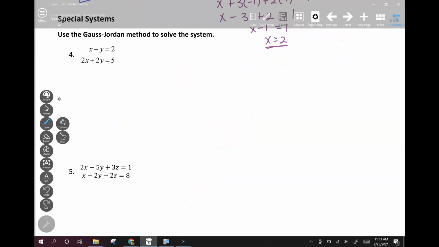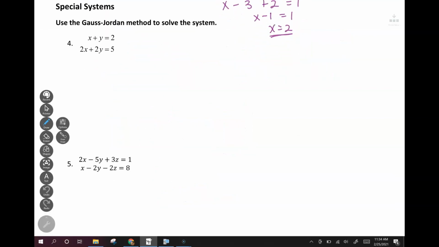Okay, now let's look at some special systems. We're going to use the Gauss-Jordan method, which is just another name for Gaussian elimination. All right, so first writing this system in matrix form: 1, 1, 2, 2, 2, 5.